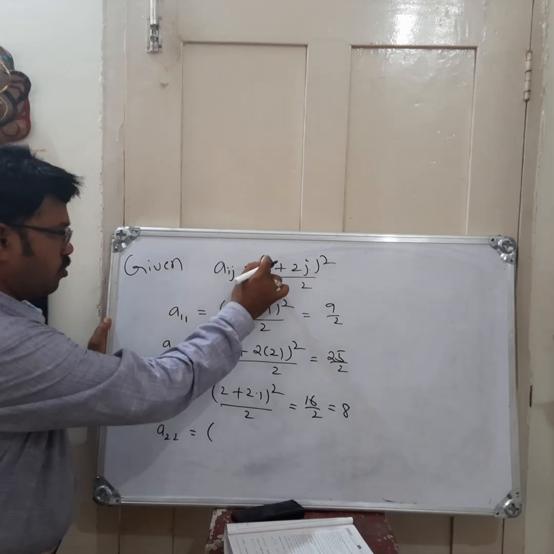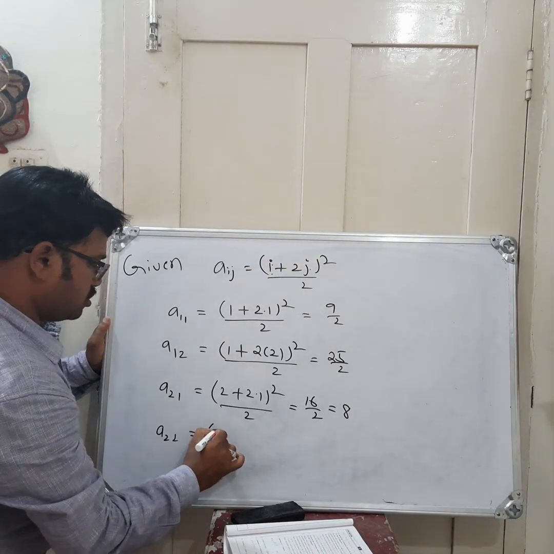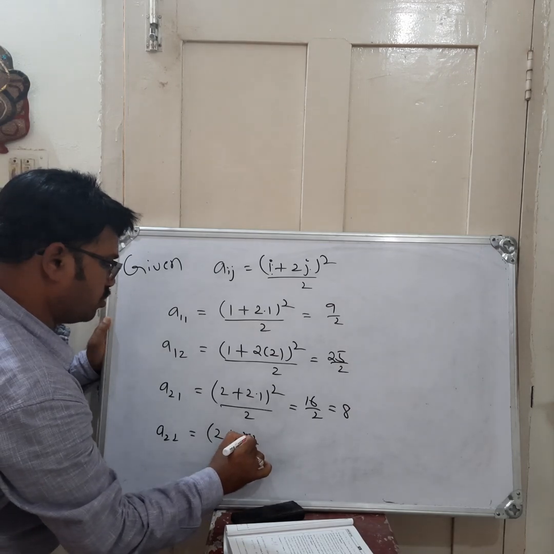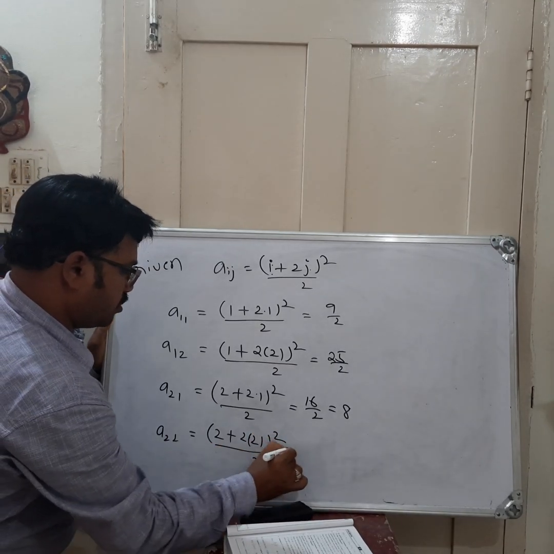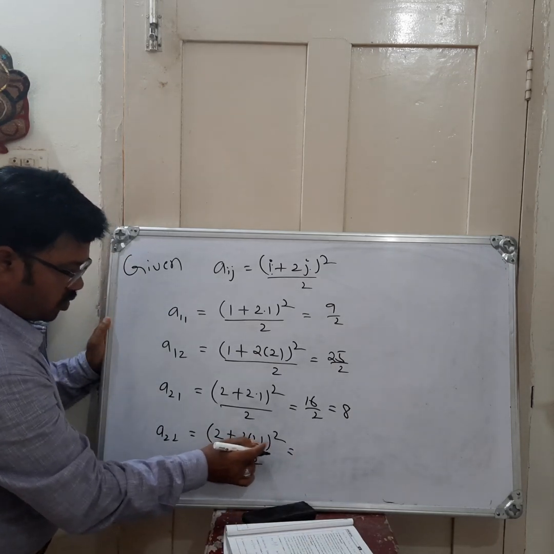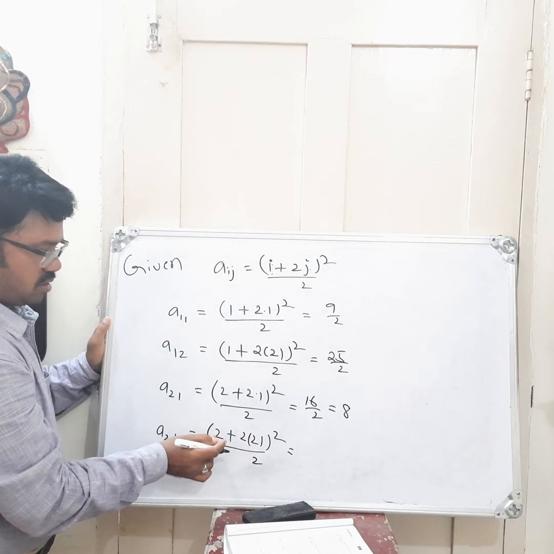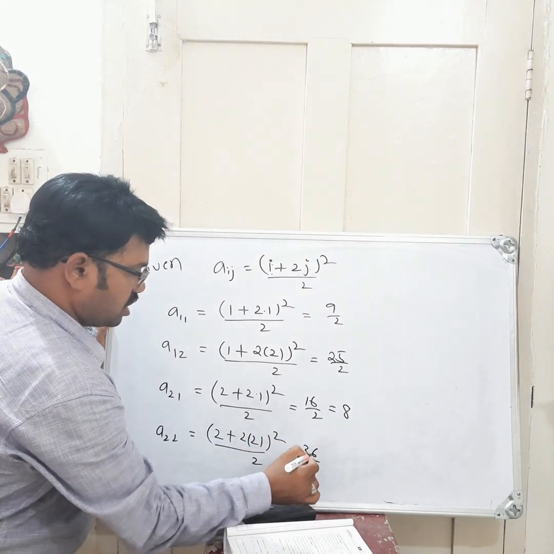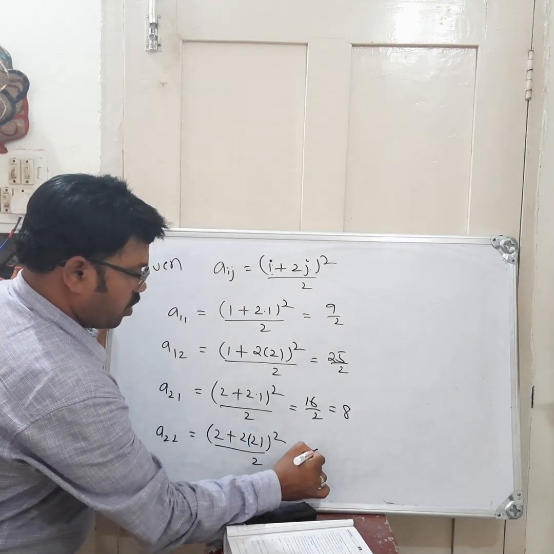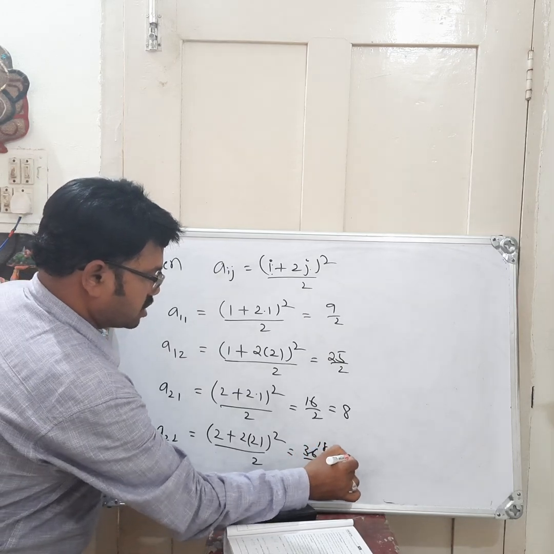Here you take i equal to 2 and j equal to 2: (2 plus 2 into 2) whole square divided by 2. Here 2 2s are 4, 4 plus 2 is 6, 6 square value is 36, divided by 2. Here 18 2s are 36, so the value is 18.